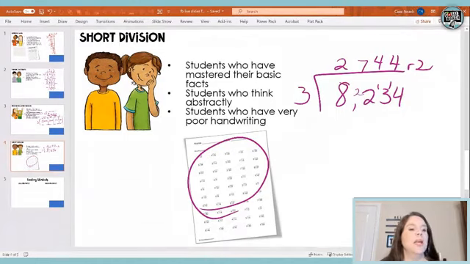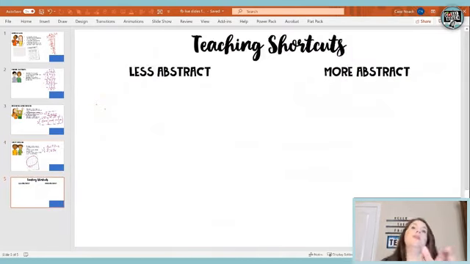So what I wanted to show you is that when I actually do teach short division, it is after they've already learned the other strategies. They've already built an understanding using hands-on manipulatives and practice problems, so that when we get to short division, they can literally see that it's just a shortcut. So I'm going to show you what I would do.